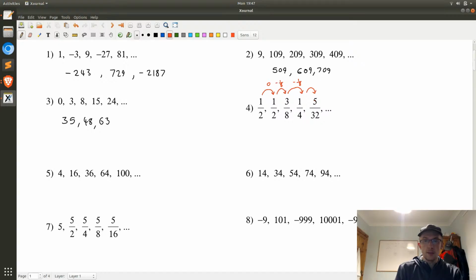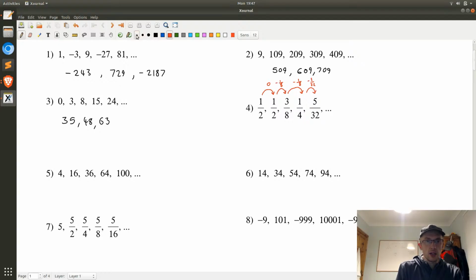And then here, goodness me, what on earth is this? Okay, so 16/32 take 8/32 take 5/32. Well, that's 3/32. Not too sure what's going on here.